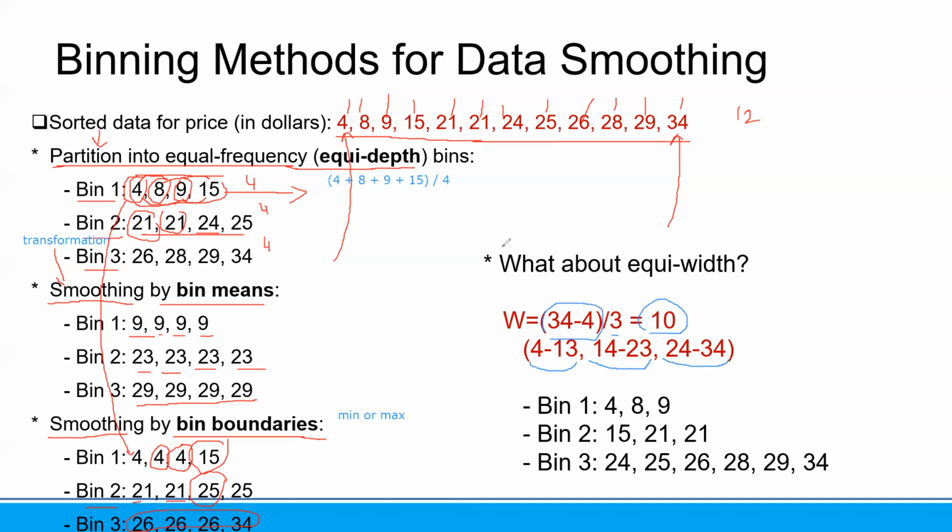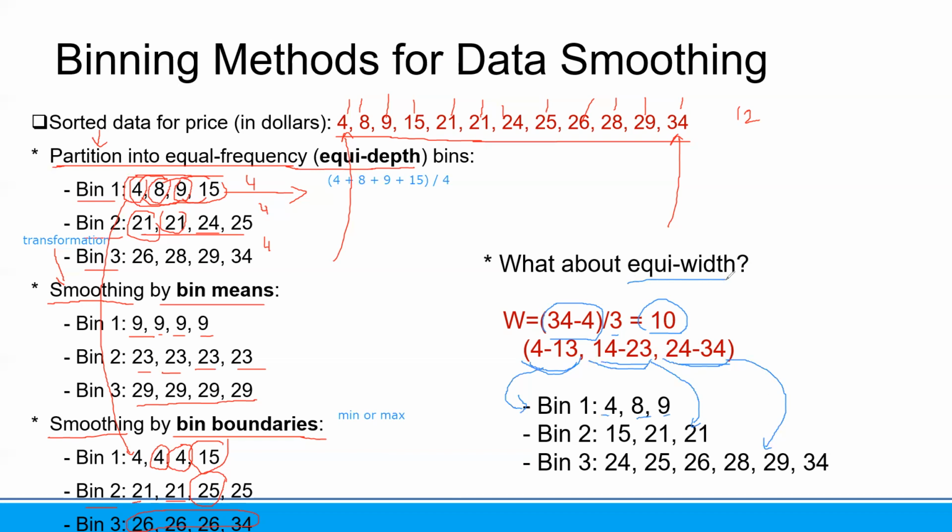So every number from 4 until 13 will be in bin number 1. So 4, 8, 9 will be in bin number 1. 14 until 23 will be in bin number 2. 24 until 34 will be in bin number 3.